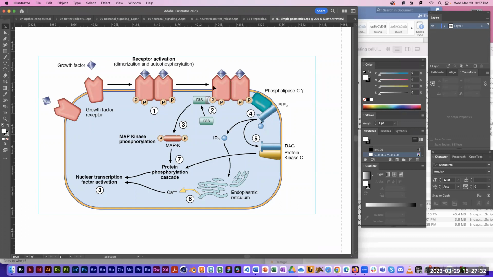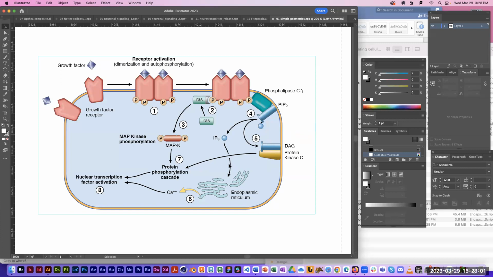And then over here, you see that it begins to interact with some second messengers. So there's phosphorylation of phospholipase C gamma, which is then interacting with that phosphatidylinositol diphosphate, or PIP2, in the cell membrane, and splits that into IP3, which is this little ball, and diacylglycerol, which really looks nothing like this. It's just a geometric shape.